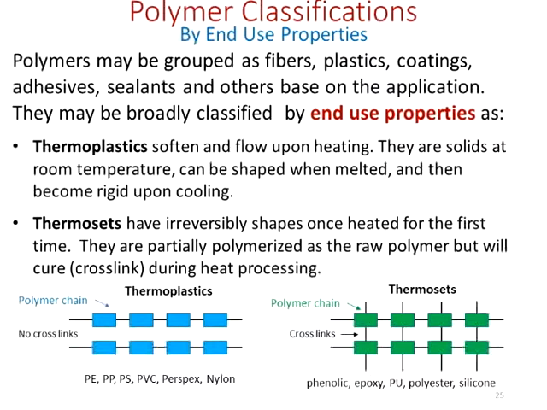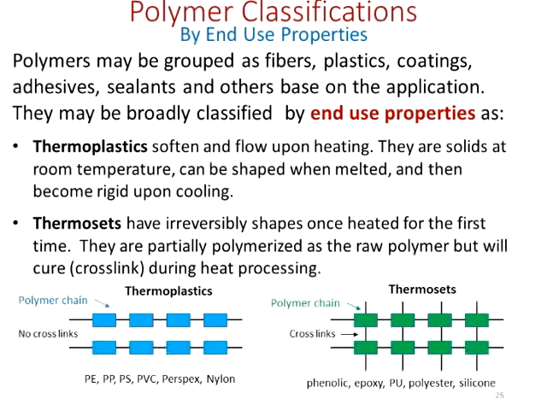You have this solid polymer and it softens and flows upon heating. That's a thermoplastic. They're solids at room temperature and can be shaped when melted and then become rigid upon cooling. So you have this solid polymer, you heat it, it melts, it forms a shape, and when it solidifies, you have this solid material. That's called a thermoplastic.